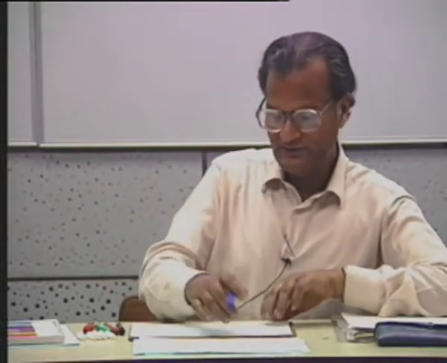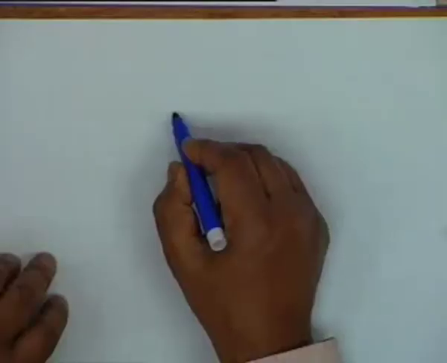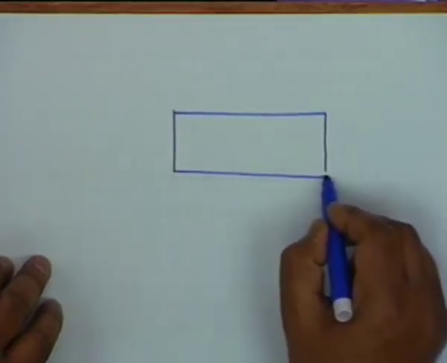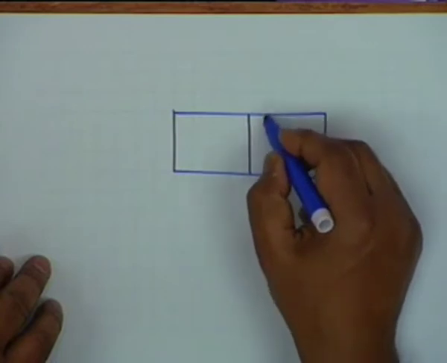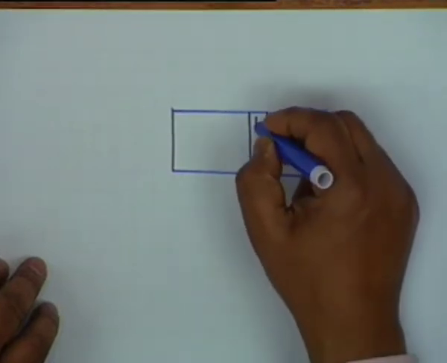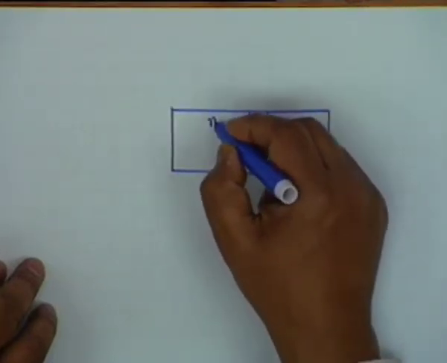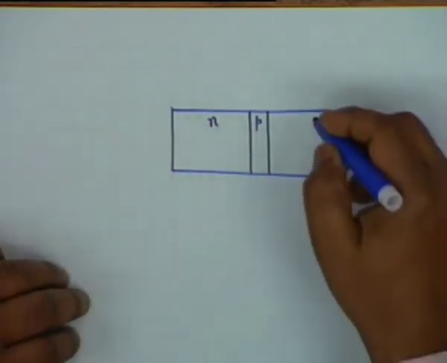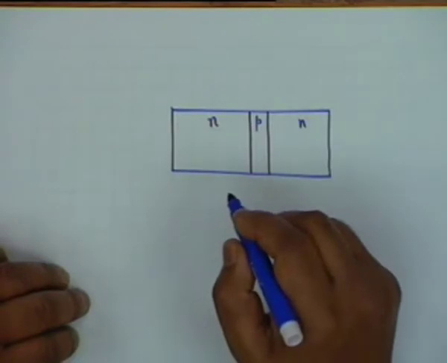Now let's look at the operation. How does it operate? For simplicity, let's look at an NPN transistor. You must have been noticing that I always drew the base region as a narrow region as compared to the emitter and the collector, and it is indeed true.